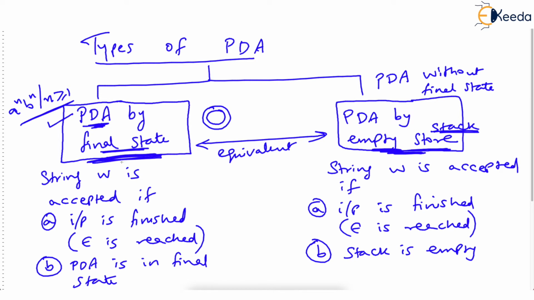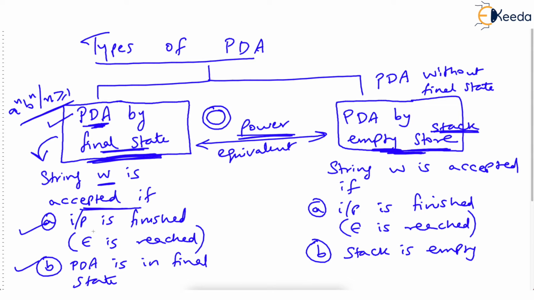But then is there any difference as far as their working is concerned? By power, they are the same. That means both can solve the same problems. But what about working? For PDA by final state that we have been seeing, a string W is accepted by this PDA only if two conditions are satisfied.